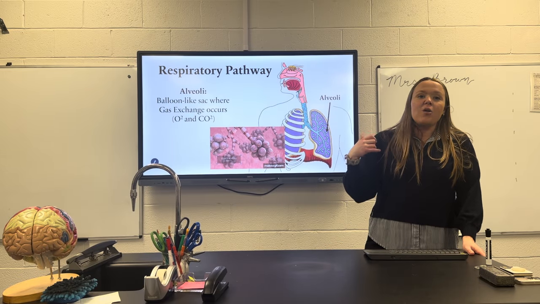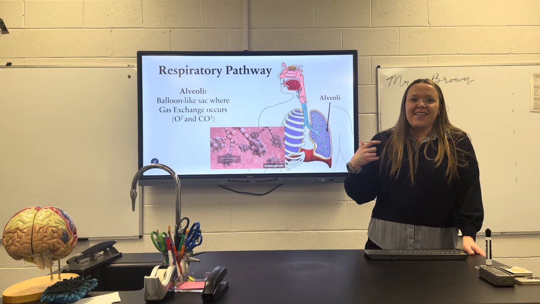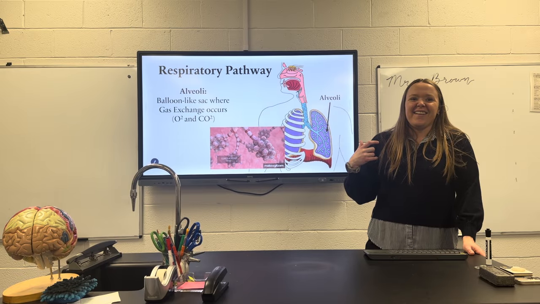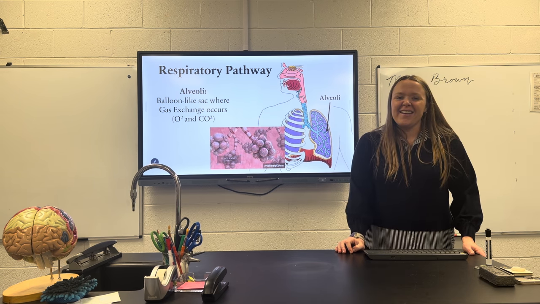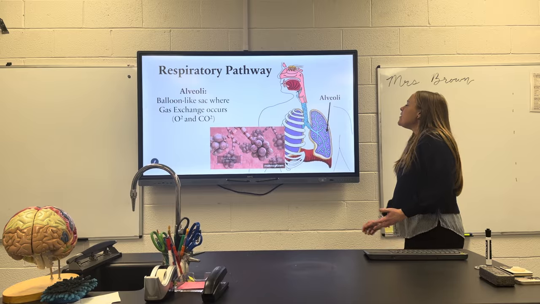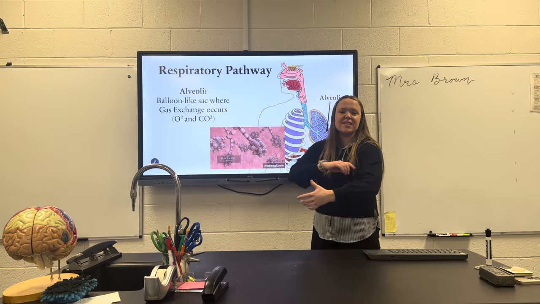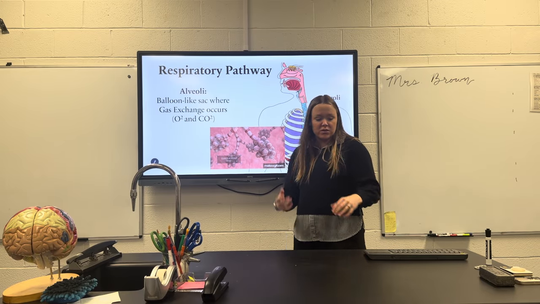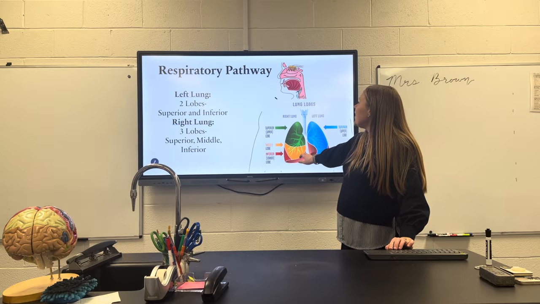We're breathing in oxygen, and we breathe out carbon dioxide, CO2. Where that is actually being exchanged within the blood system is through the alveoli. So it's the most important, and this is all happening in the lungs.